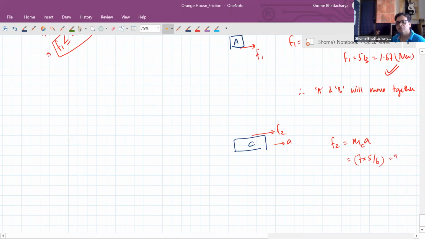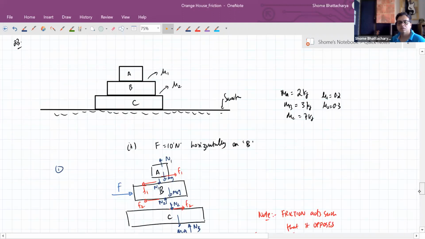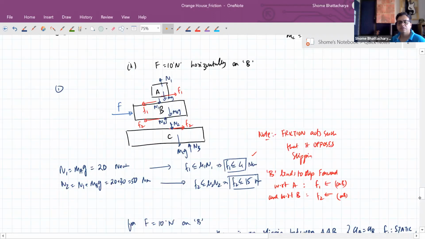So that is 35 by 6, something like this. This friction required is so much. Now F2's limiting value was mu2 N2, check, it was 15 newtons.